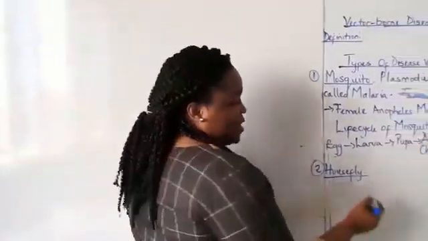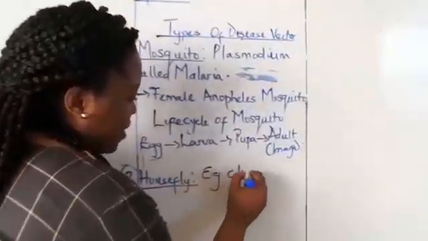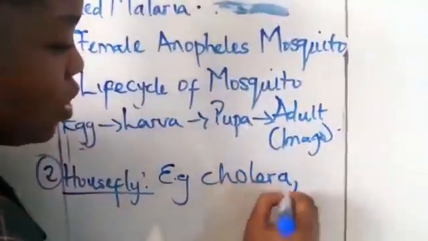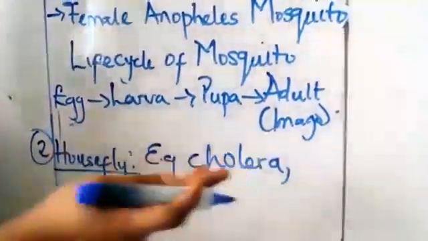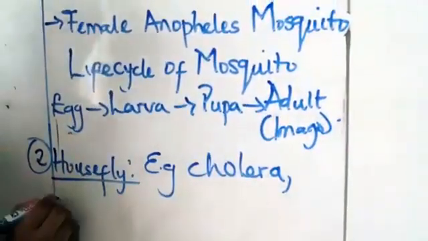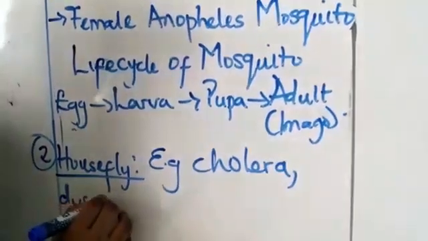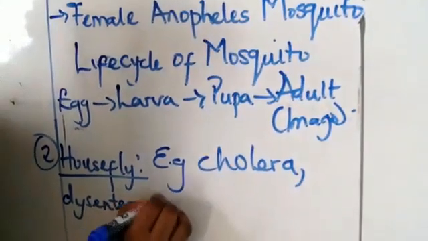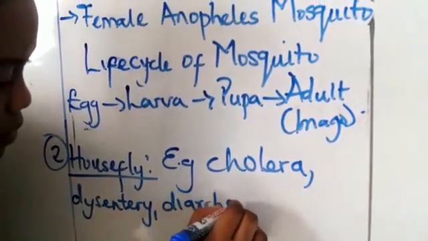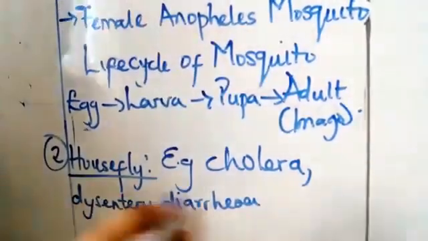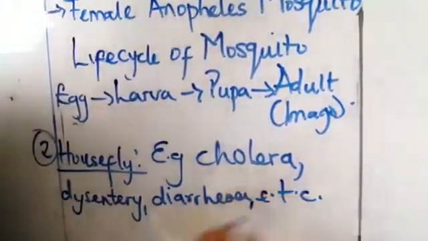Examples of diseases housefly transmits are cholera, which is one of those deadly diseases, dysentery, diarrhea, and so on and so forth.